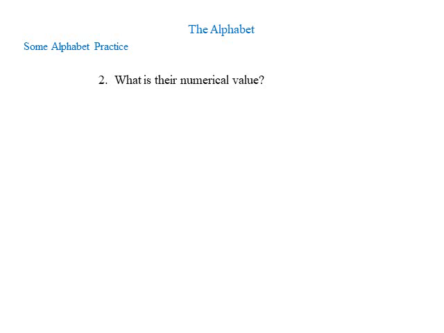Now we're going to take a look at the numerical value of some of these letters. So we'll start off with, I'll give you the name of the letter, you tell me the number. Bet, 2. Chet, 8. Shin, 300. Kuf, 100.